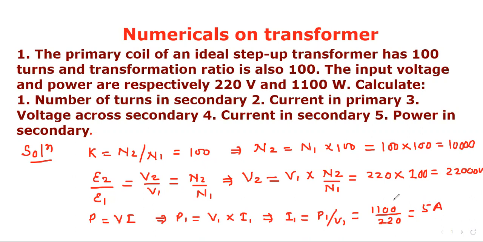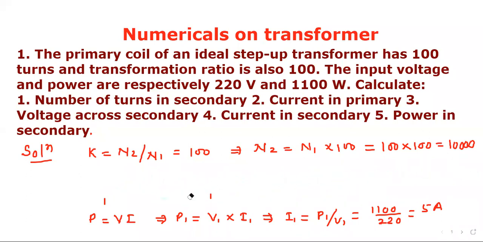Now we can get I2 also. Since input power equals output power, as this is an ideal transformer, we can say V1 I1 must be equal to V2 I2.